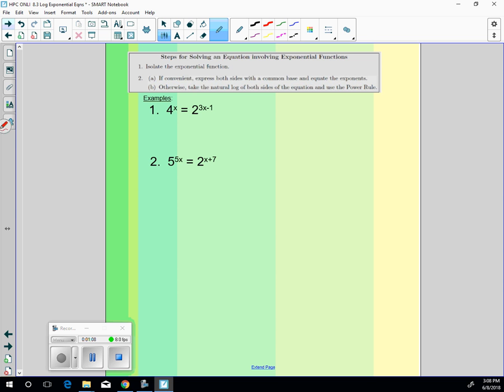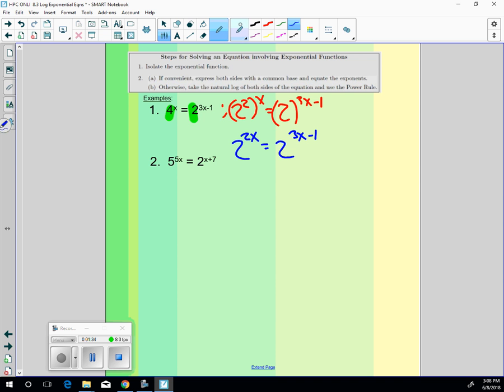Probably the easiest trick is to look at your bases. So in this case, my bases are exponents of each other, so you could call 4 2 squared to the x and keep 2 to the 3x minus 1 the same. So now you have 2 to the 2x equals 2 to the 3x minus 1.